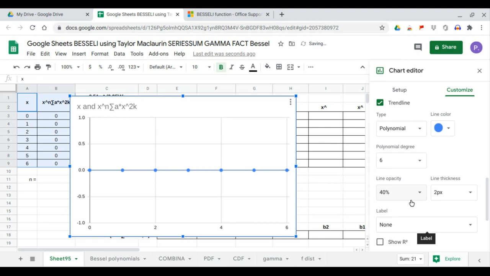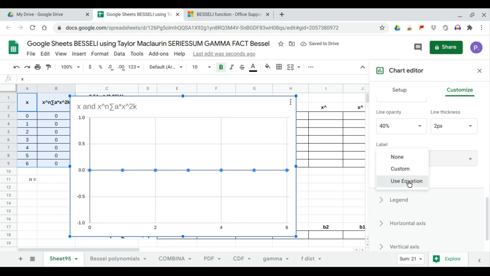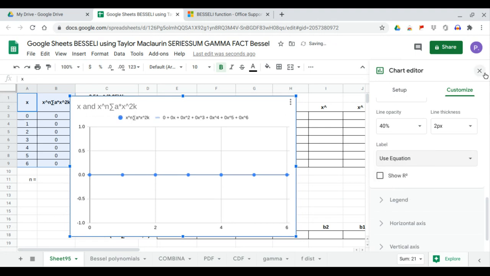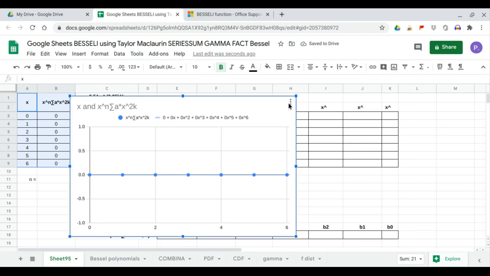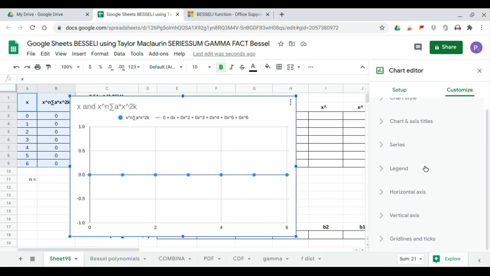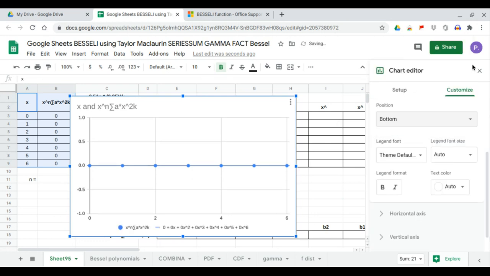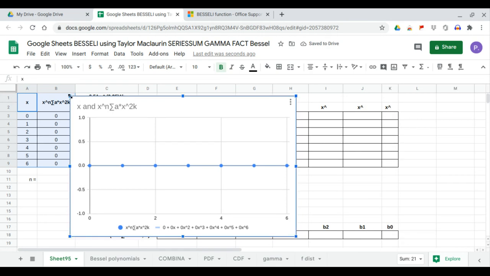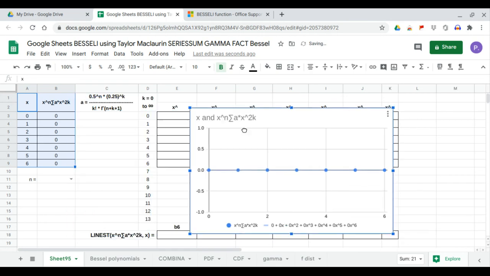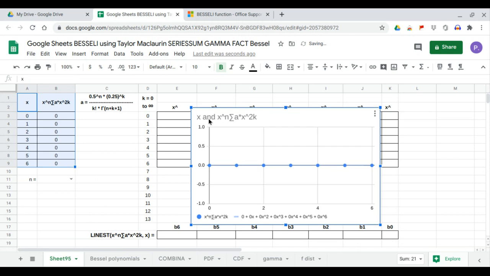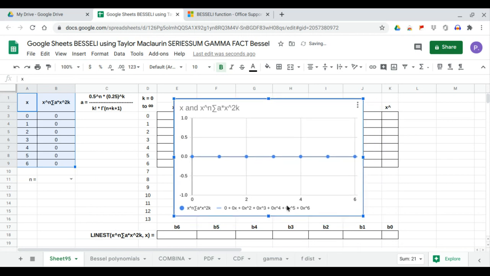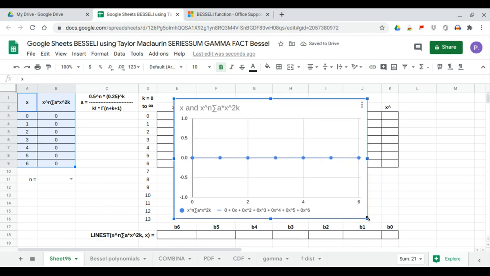And show it as a label or equation, but we will move it to the bottom for easy comparison with the regression coefficients. So here's our trend line equation, which is the polynomial for the Bessel I function.